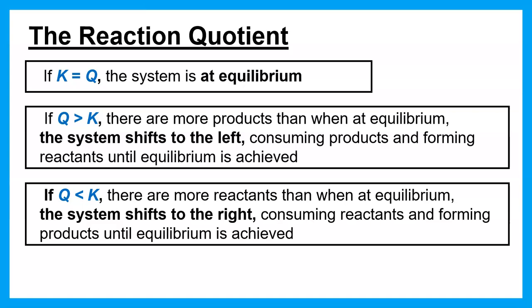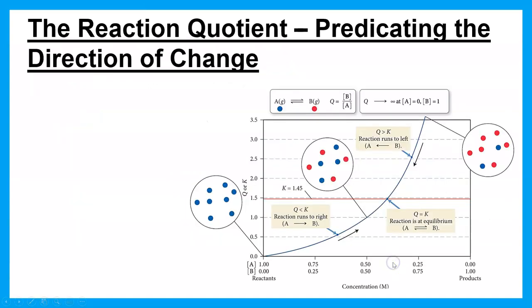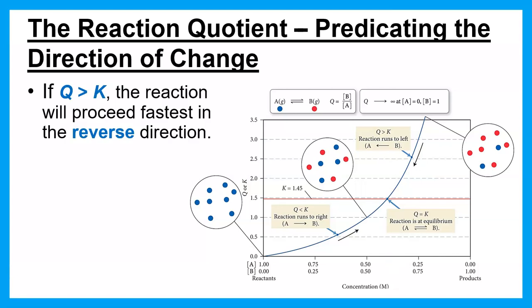Sometimes people find it helpful to look at this on a graph style image instead of just thinking about numerator versus denominator. So hopefully this helps some of you. If Q is bigger than K, that means we're up here.